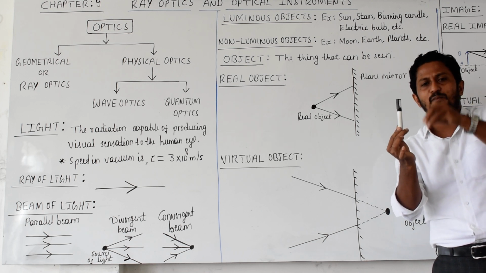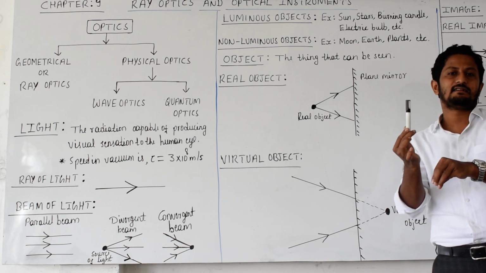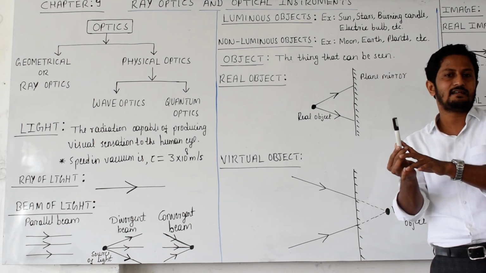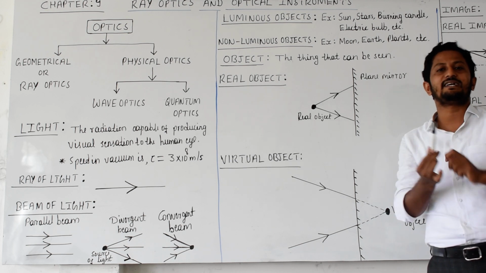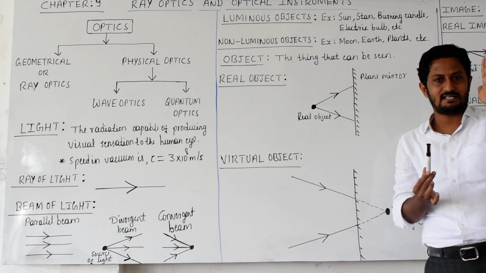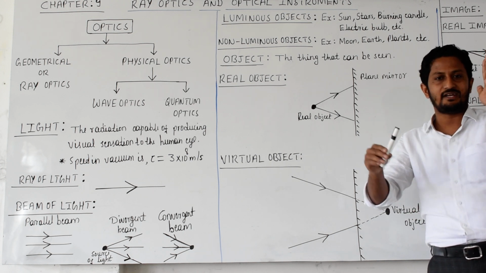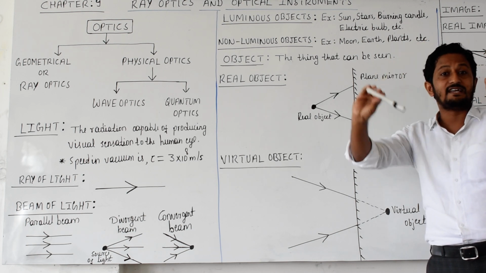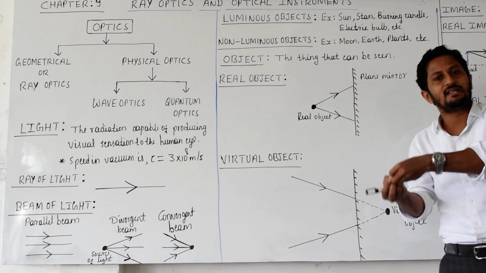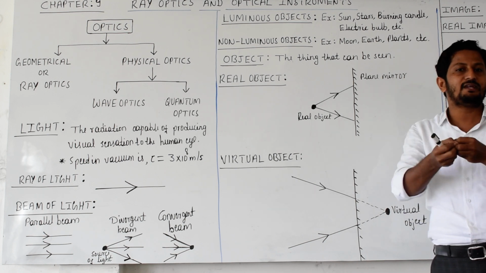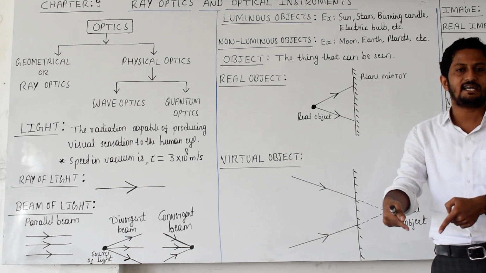Real means it is being there. Real, telling it is there. A body is there, and from that body these light rays are coming. Here the mirror is there. In front of the mirror, you are standing. From your body, if light rays are diverging, I mean they are coming from that, coming from means you are there, that object is there.